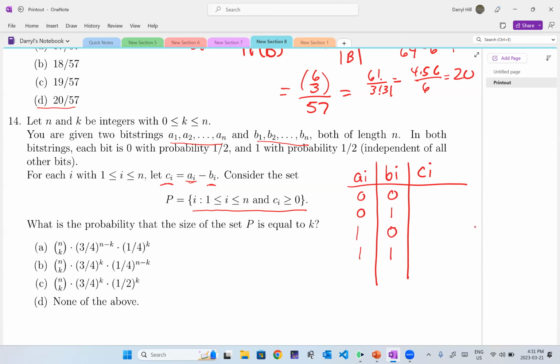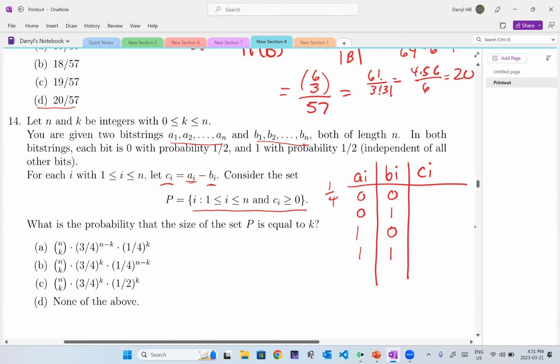And for each of these, again, you can compute it. Since they're independent, the probability that this is a 0 is a half, and the probability that this is a 0 is a half. So that is probability 1/4 for each of these outcomes.